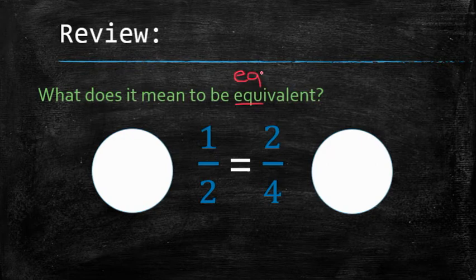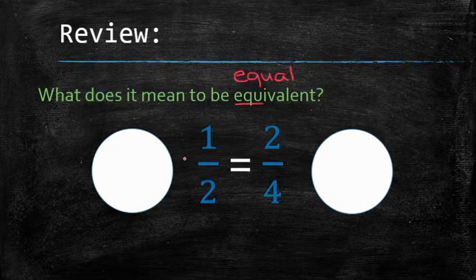In fact, it looks like the word equal, doesn't it? So what does it mean to be equal? Well, you know that 2 is equal to 2 and 3 is equal to 3. And if you were trading money, you'd probably want to have the same money back, right? You wouldn't want to have less money. You probably want to have more money, but the other person wouldn't be very happy with you.